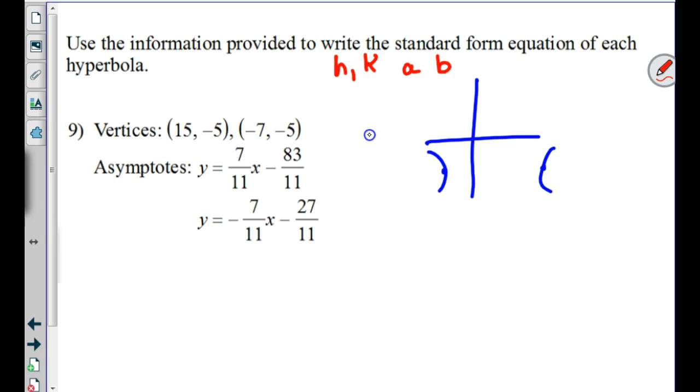When it opens sideways, the vertices are... All right, so what's K? There we go. K is -5. All right. Anybody remember the easier way to find H than to deal with all this plus or minus A business? Where's the center?